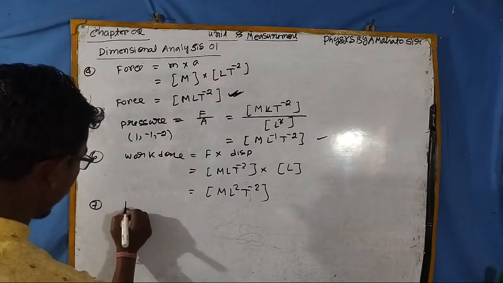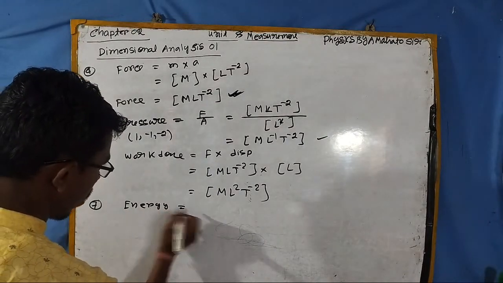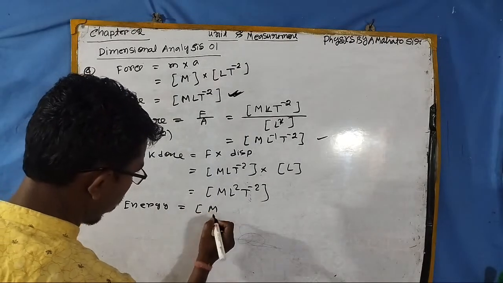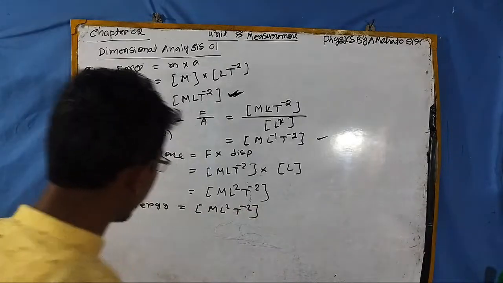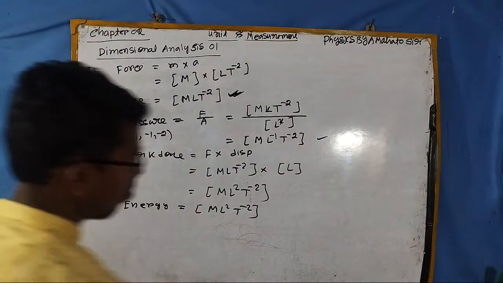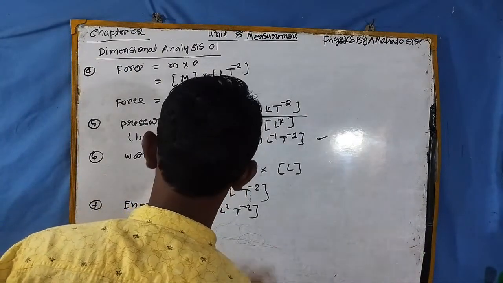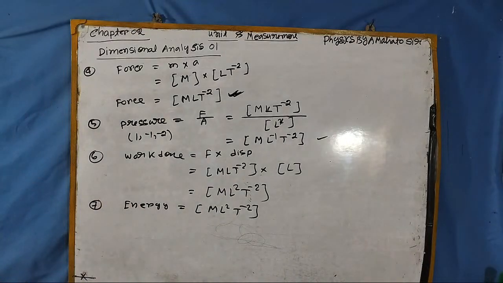So energy dimension is ML^2T^-2, because energy and work have the same unit. Work and energy have the same dimension.